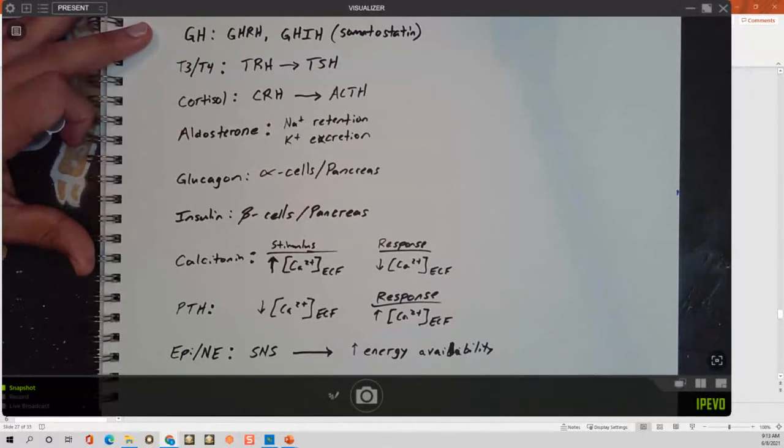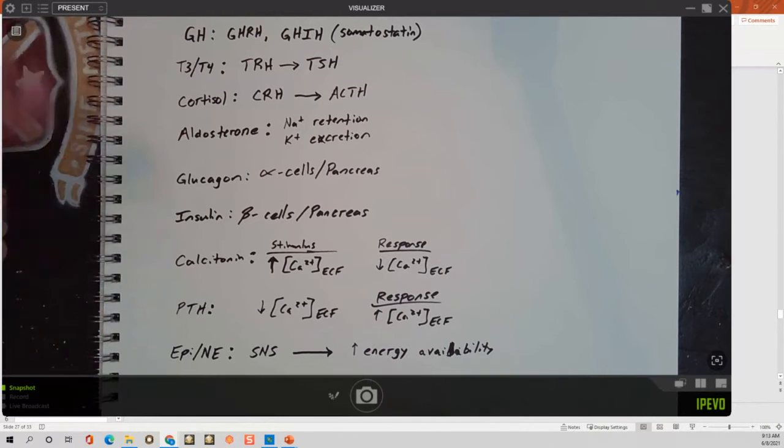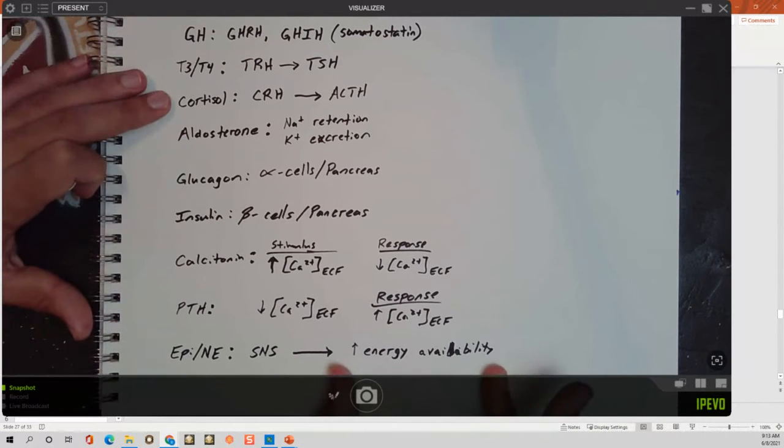If we're stealing from our glucose stores in our liver, well, glucose is stored in our liver as glycogen, so that would be glycogenolysis. Does that make sense? So when I say increase energy availability, we have quite a bit that we can think about with this term.